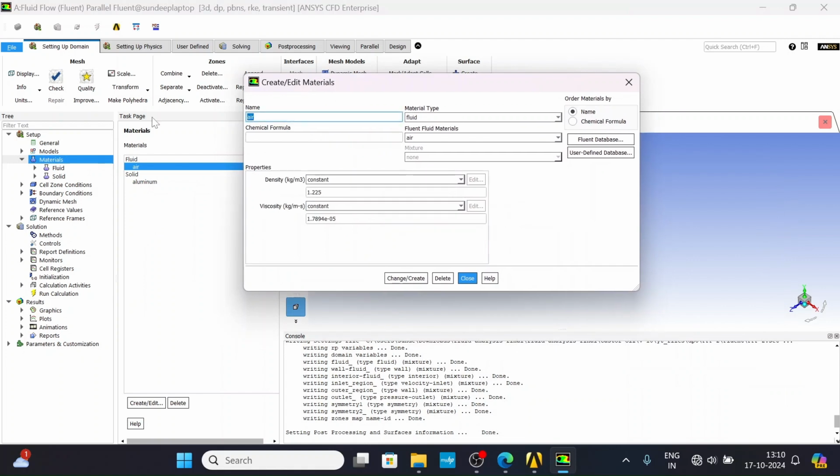The material I am using is castor oil. So I'll say castor oil. 965 is the density and 0.8 is the viscosity.